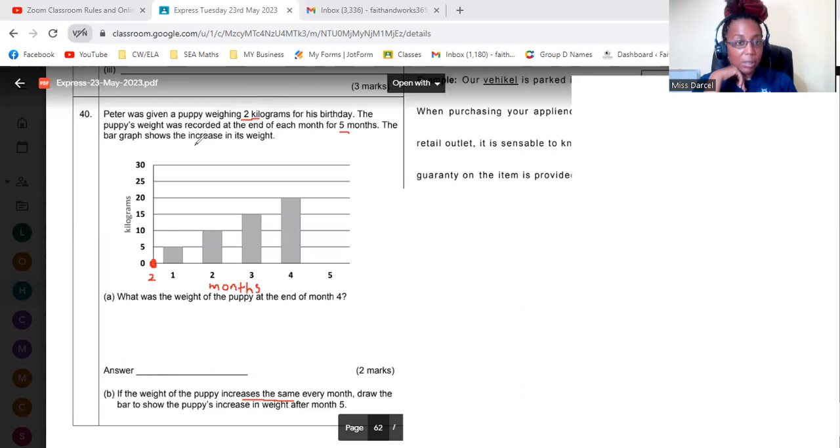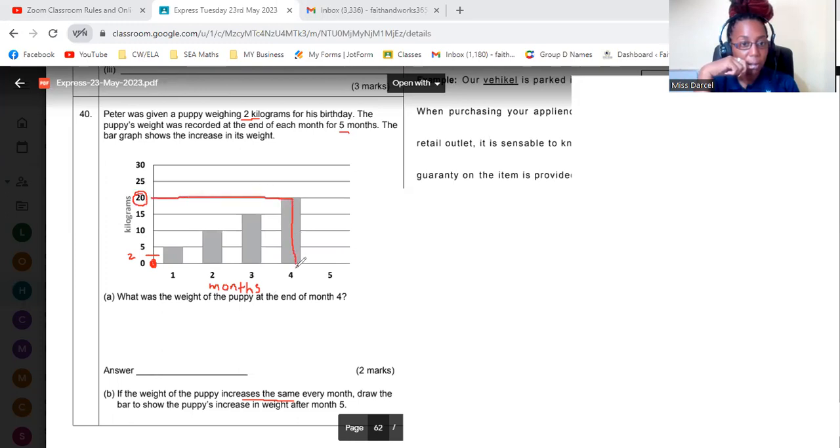All right, so let's rub this off here. Let's pretend this is month 0 here. So he was already 2 kilograms here at month 0. By month 4 on the graph, he was 20 kilograms.